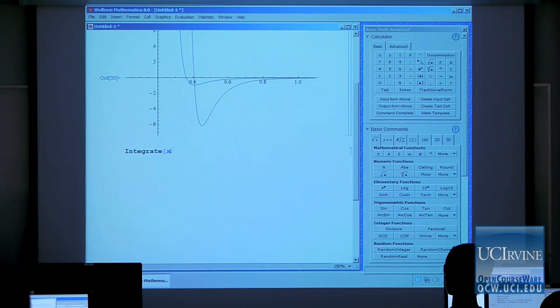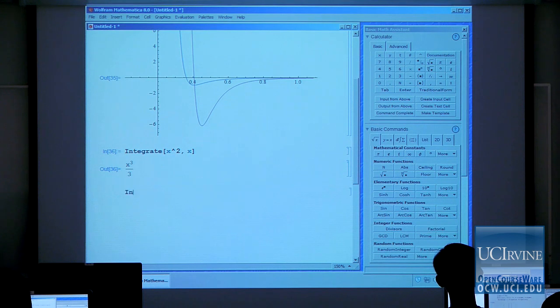So I'm just going to put in x squared. And then you say the variable with which you want to do the integration. All right? So what should this be? What's the answer here? X cubed over 3. All right, let's see. Sure enough, it is.